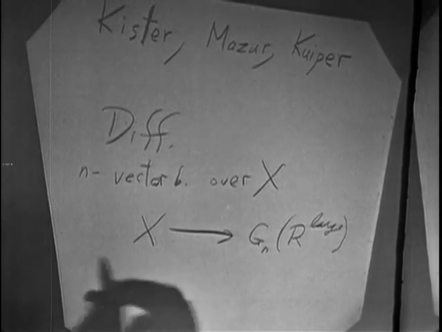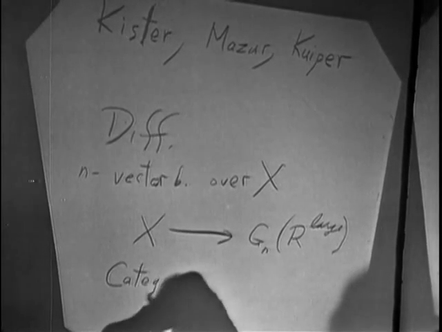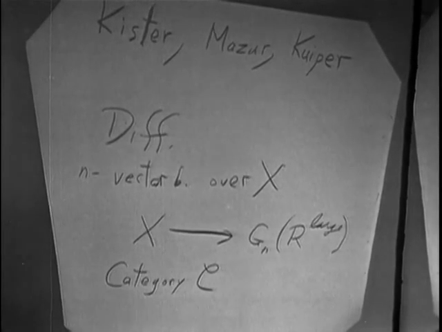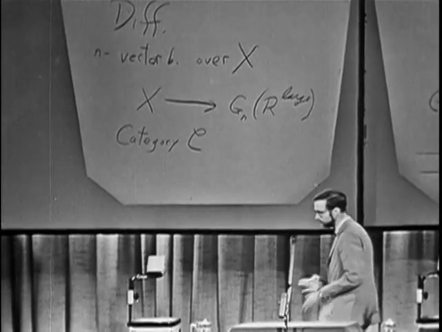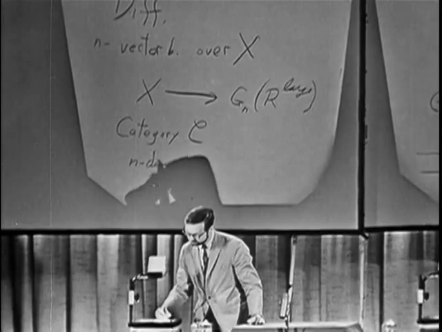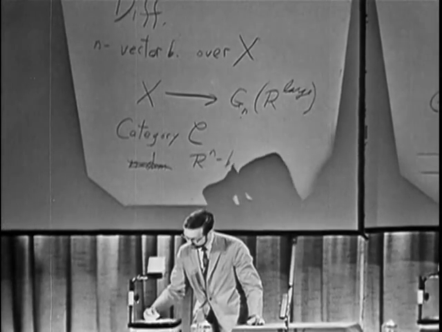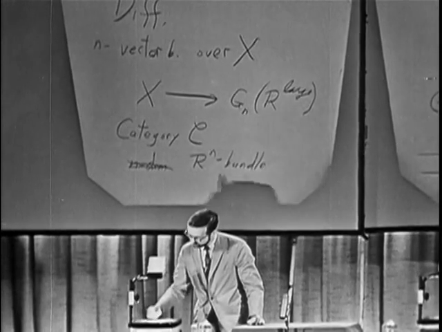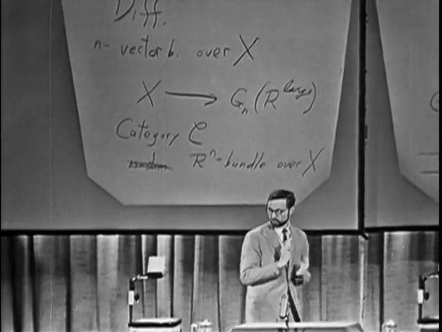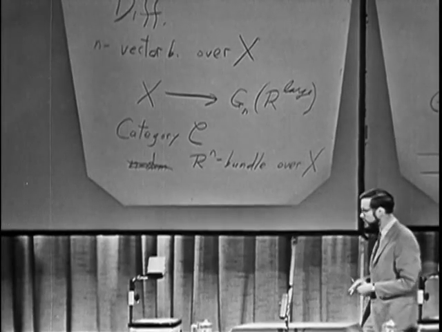Well, in each of the three categories, suppose I say in the category C, where C stands for either the differentiable, piecewise linear, or topological category, we can look at an n-dimensional, or simply an R^n bundle over X. It is a bundle where each fiber is a copy of the Euclidean space R^n.